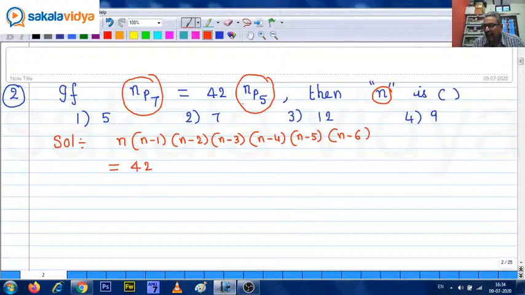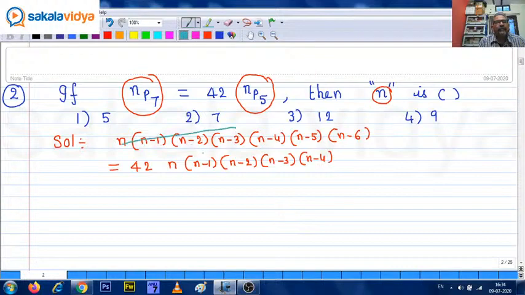NP5 means 5 blank places are filled with n different objects: first place n, second n minus 1, third n minus 2, fourth n minus 3, fifth n minus 4. Now the common factors get cancelled.